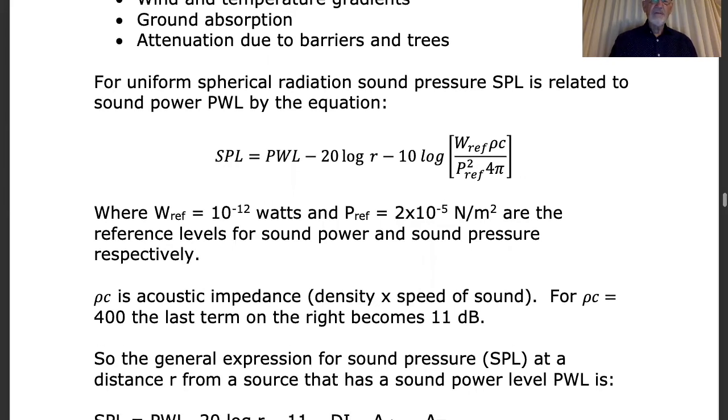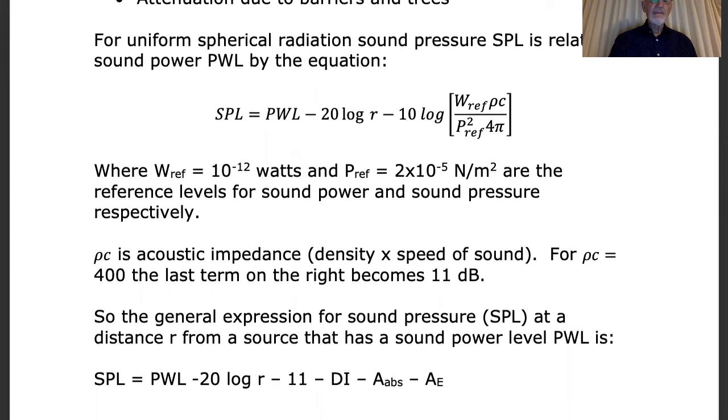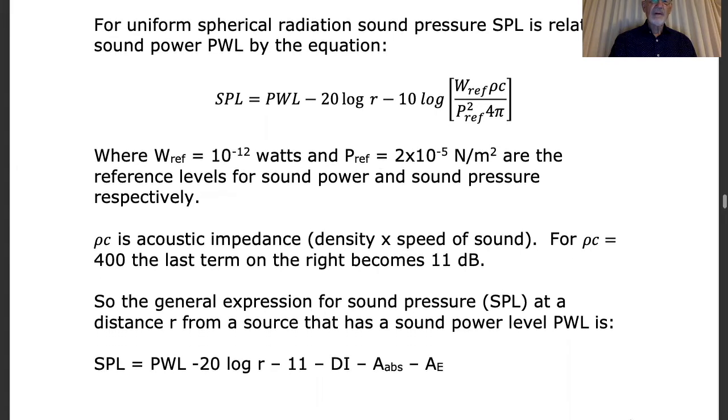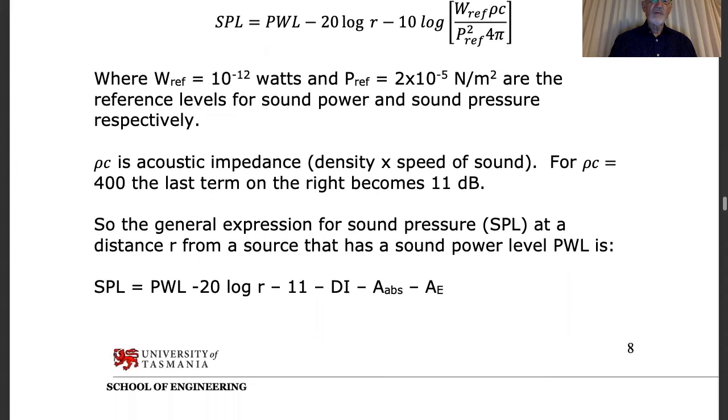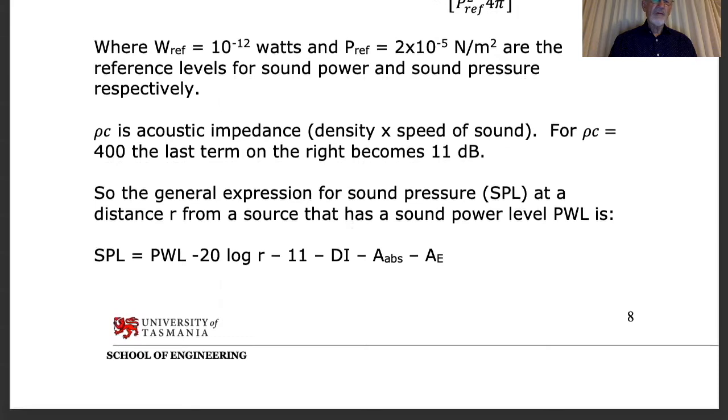And if you put in various factors there, you get a very simple formula, which says that the sound pressure level is the power level minus 20 log the radius from the source, minus 11, you can see where that comes from, minus a few other factors.